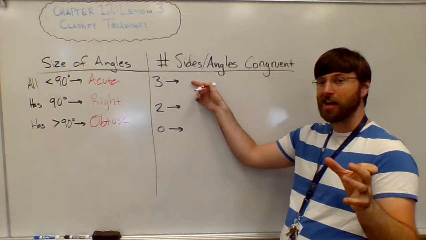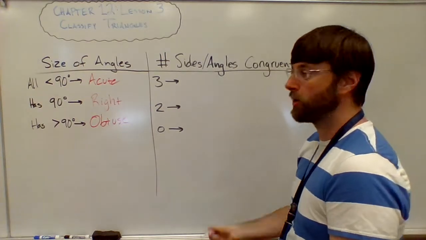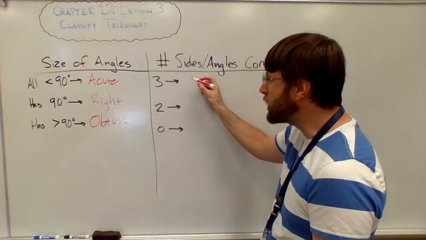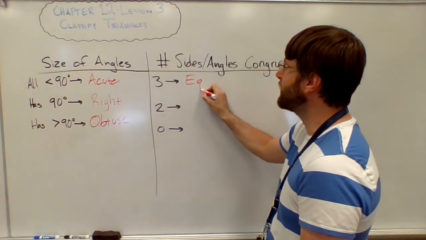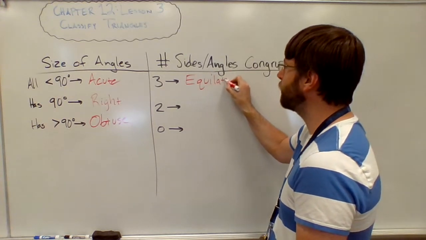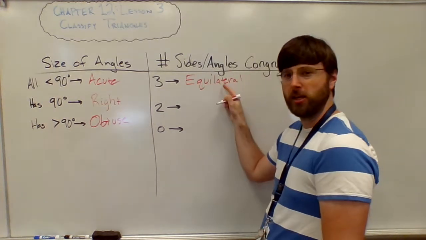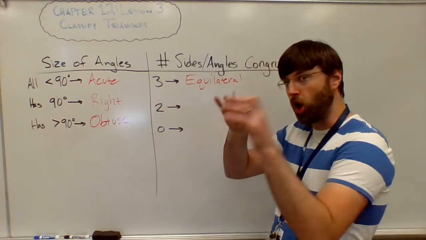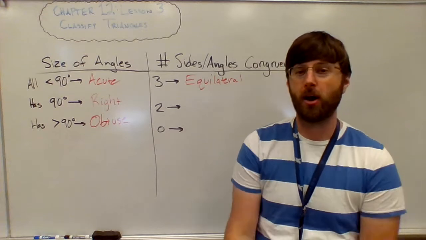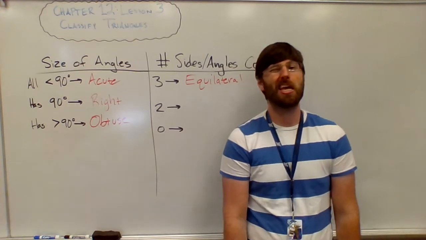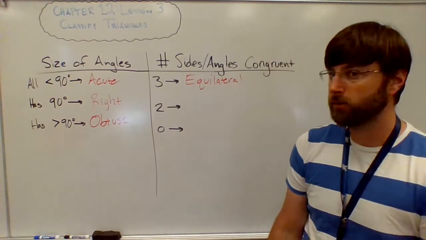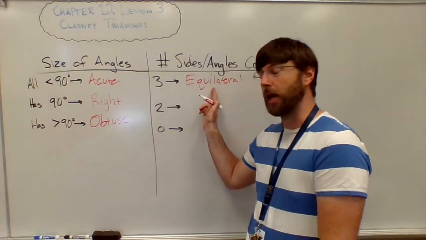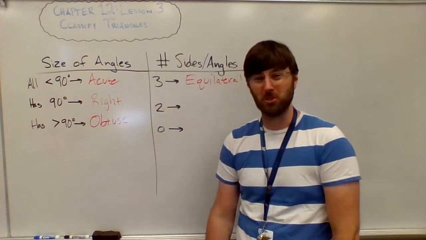If it's got all 3 sides and angles congruent, it is called an equilateral triangle. Equal, lateral. Lateral means sides. So if all 3 sides and angles are the same length, it's an equilateral triangle. And spoiler alert, every equilateral triangle is acute.